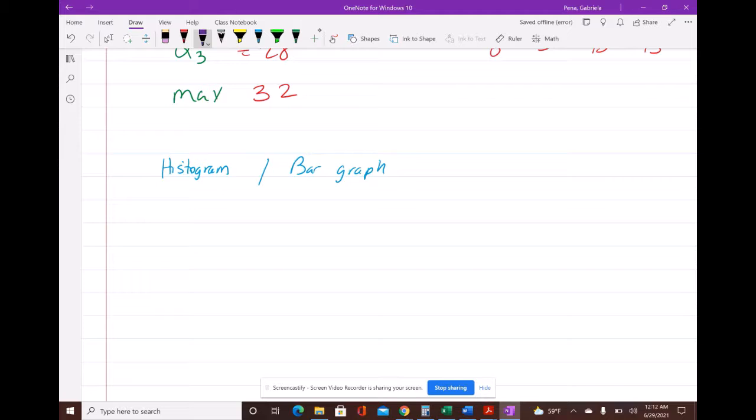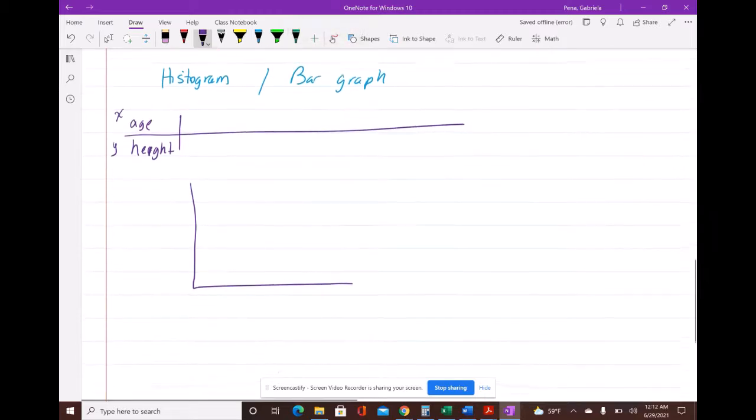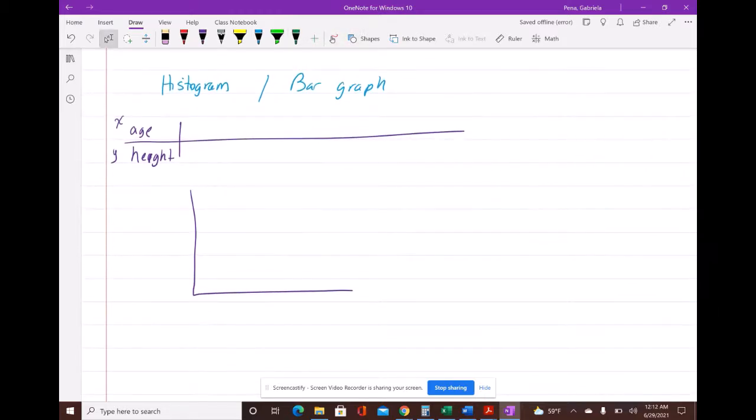But basically, when they give you information, let's just say age and height, and they give you a table, please understand this is your X and this is your Y. So when you number your histogram or your bar graph, your age is going to go here and your height is going to go here.